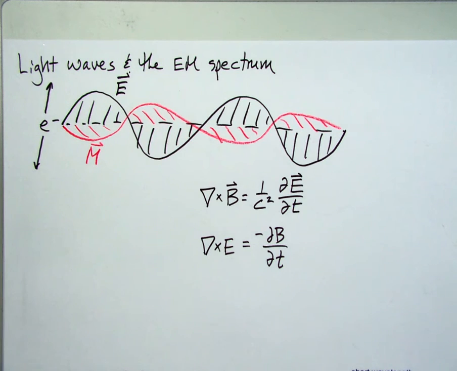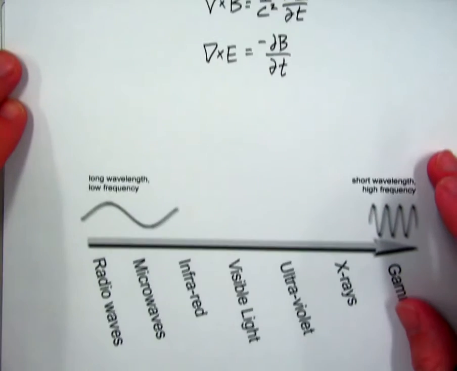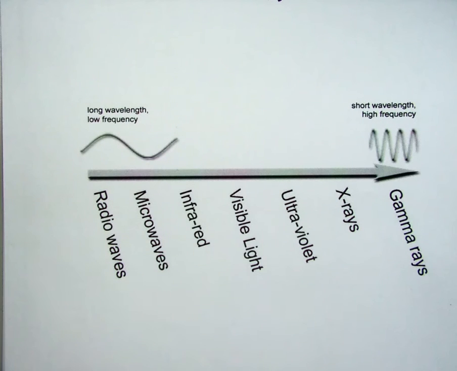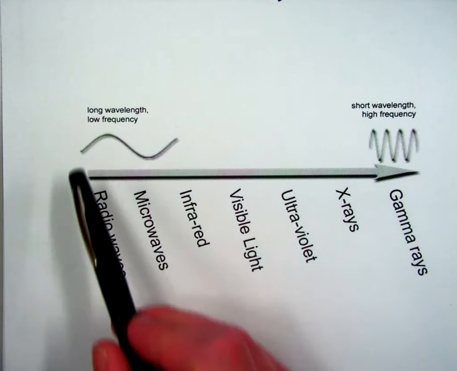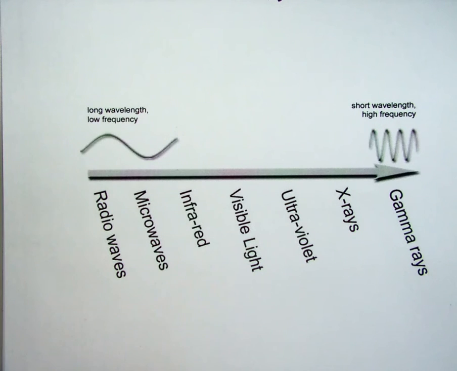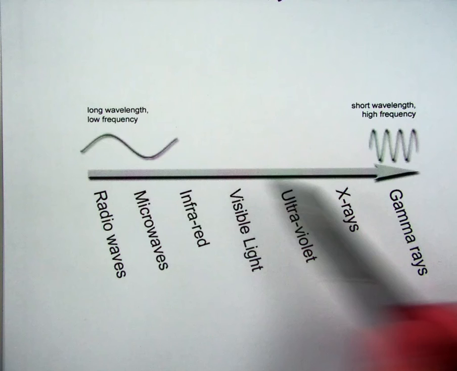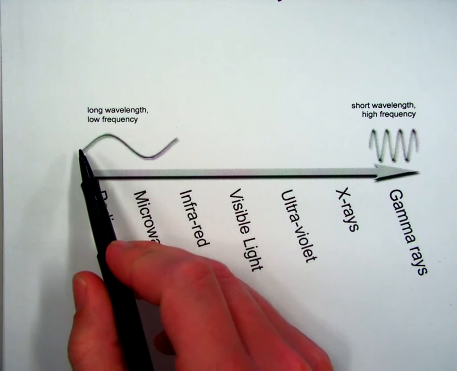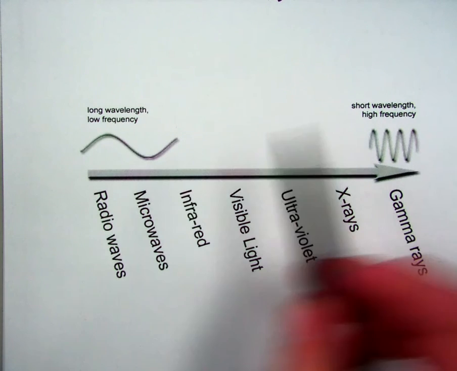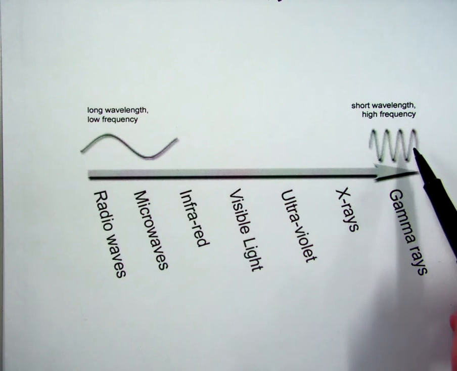Well, it's common to think of electromagnetic waves forming with a variety of different wavelengths and frequencies. And this is where we get the spectrum. The spectrum would be any array of something that can be quantified from one extreme to another. So from the longest waves to the shortest waves, or from the lowest frequency to the highest frequency.